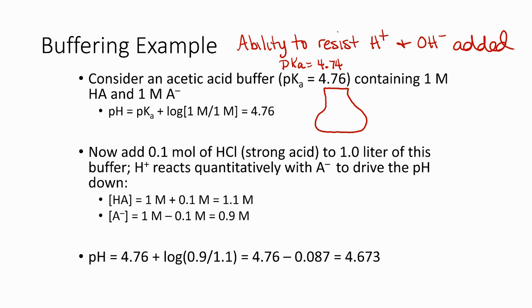Okay, so if we have 1 molar of each, anytime HA equals A minus, pH equals pKa, always, because the buffer ratio is 1.